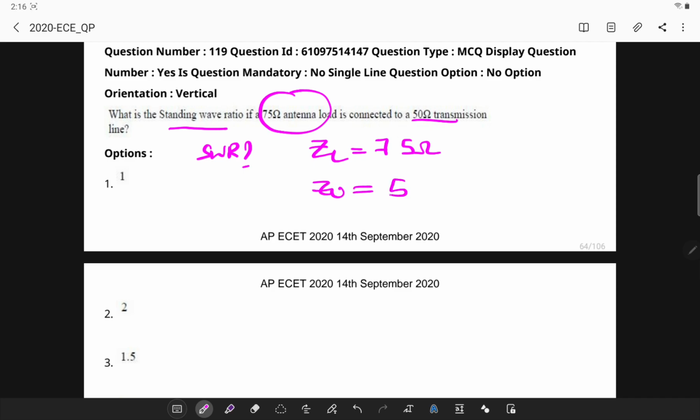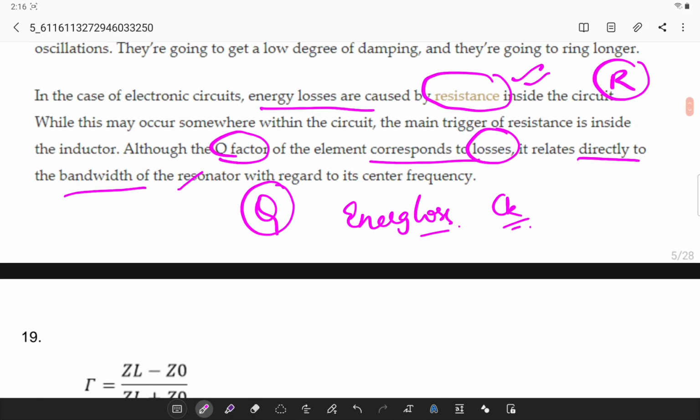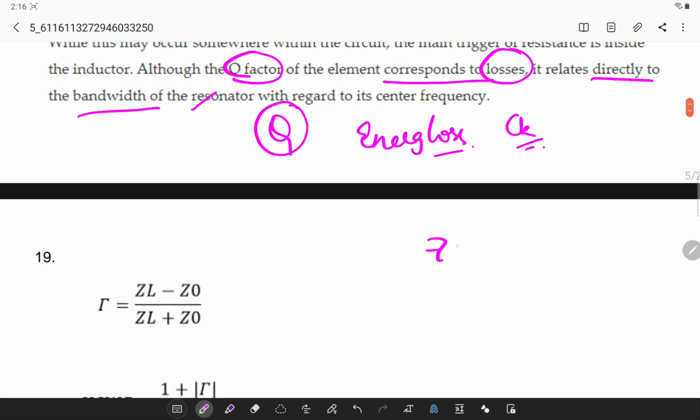Here, what is the voltage standing wave ratio? A load ZL is given as 75 ohms, to a line with Z0 given as 50 ohms. Now the student has to remember the most standard formulas. Here ZL is 75 and Z0 is 50.